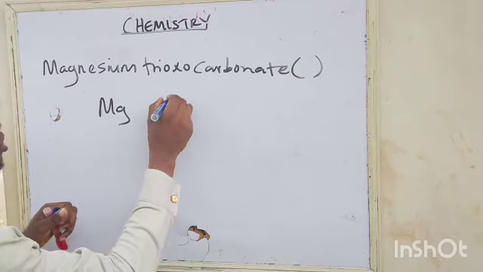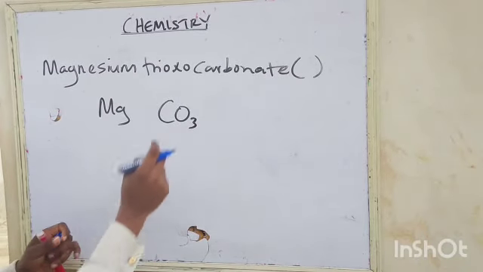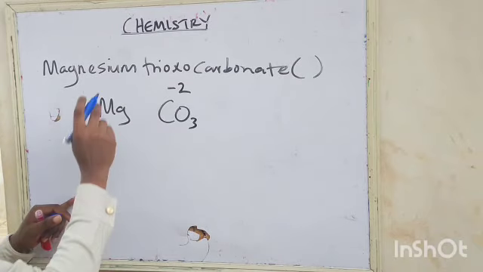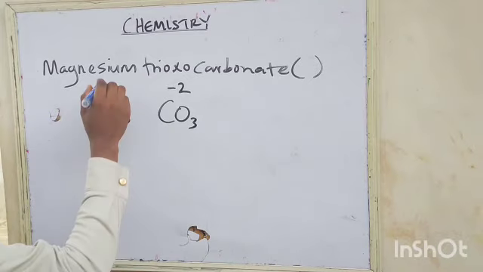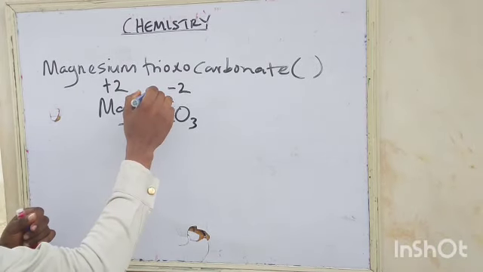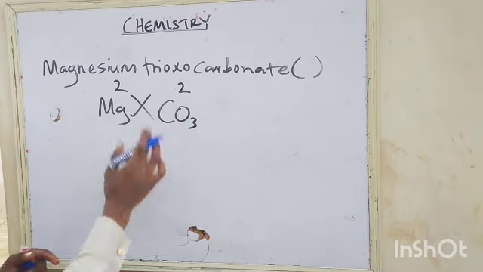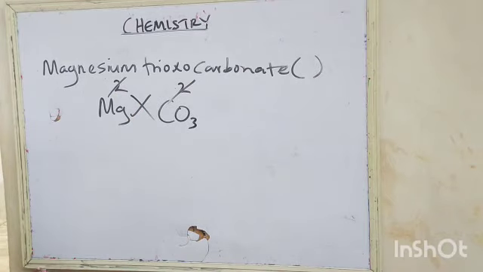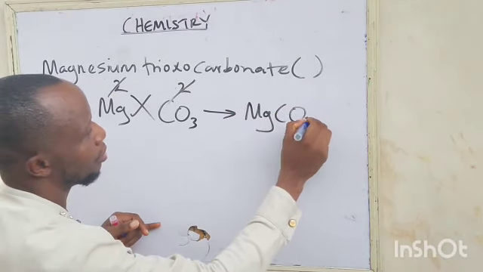So CO3. The radical for this is -2. Magnesium is a metal of group 2. The oxidation number now is +2. So when we cross multiply like earlier, the signs do not matter. So the 2s cancel out. Then you have magnesium carbonate, MgCO3.